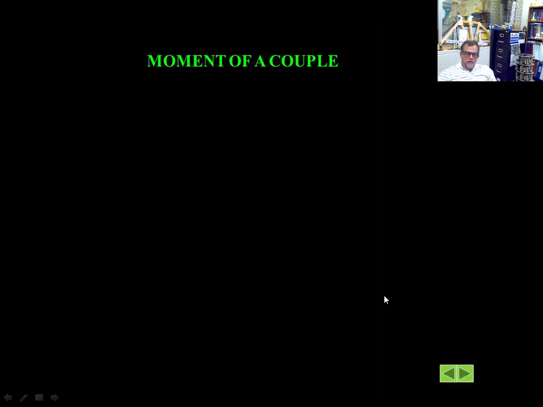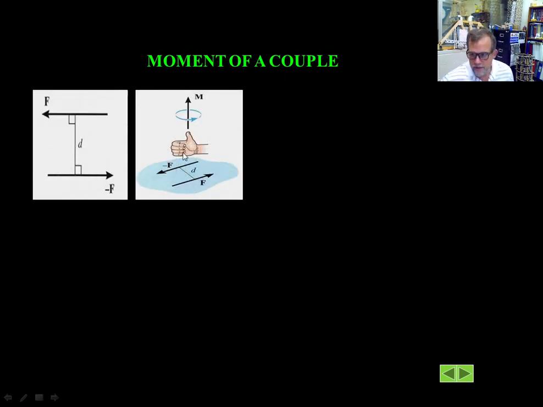The last topic for today is going to be the moment of a couple. And a couple means two of the same, or similar at least. In this case, a couple of forces is defined as two parallel forces. Of course, parallel forces meaning not acting in the same line, not collinear.